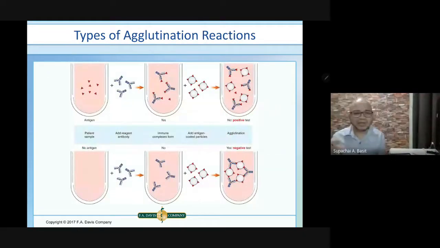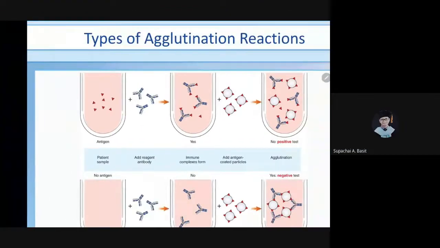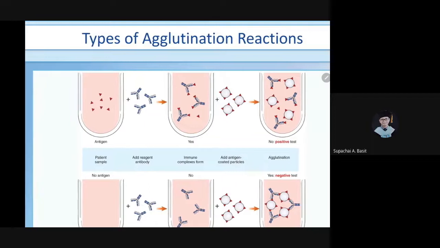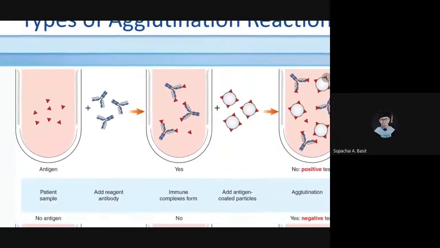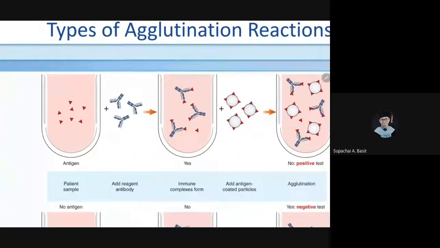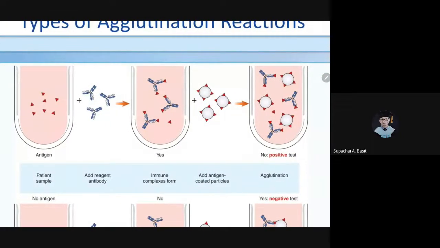So what do I mean when I say competition for a limited binding site? Let me present to you two scenarios. The first scenario is an example of a positive reaction. Here, the patient sample contains antigen.